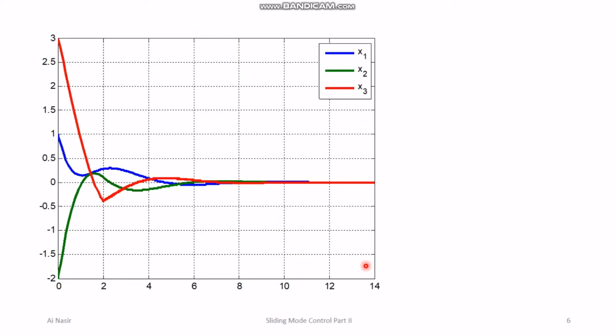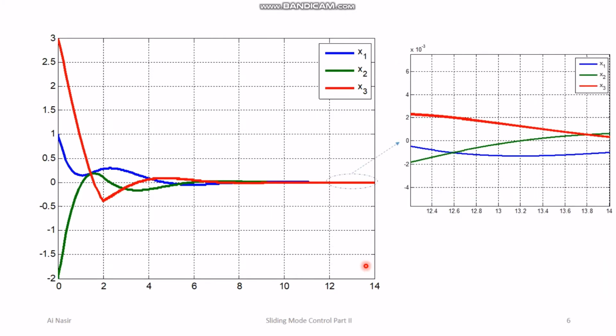And then we looked at the simulations of the corresponding system with the designed control law, and we looked at the chattering problem here, that one of the states is showing high frequency vibrations.